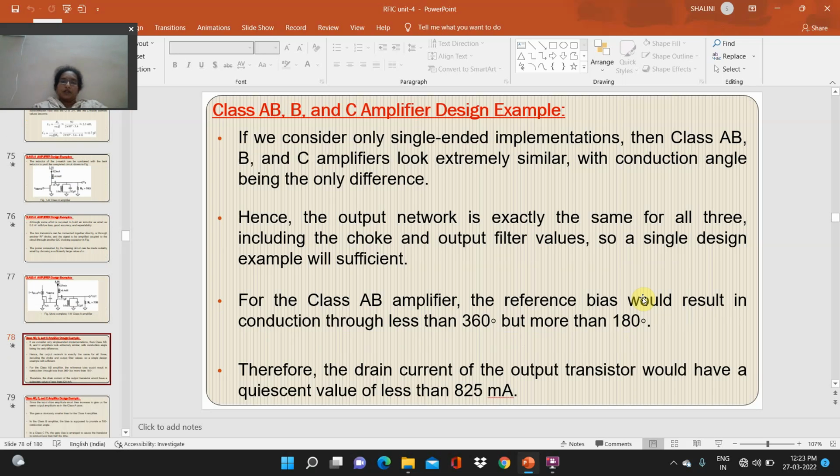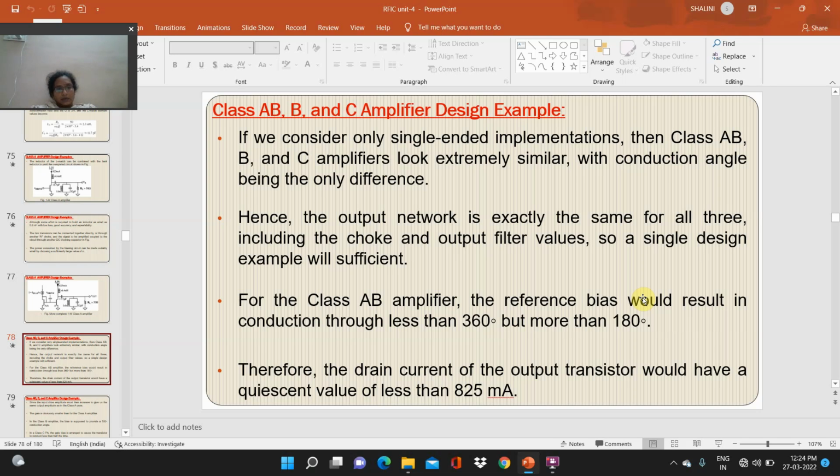If we consider only single-ended implementations, then class A, AB, B and C amplifiers look extremely similar, with conduction angle being the only difference. Hence, the output network is exactly the same for all of them, including the choke and the output filter values. So, a single design example will suffice.